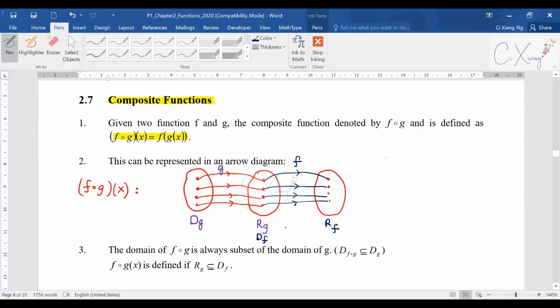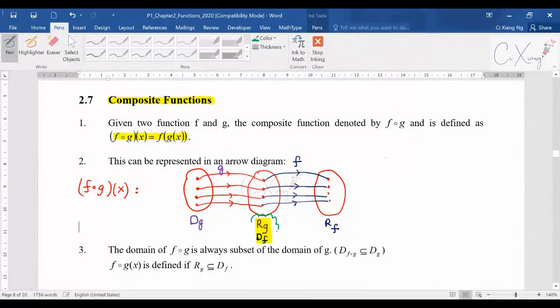Maybe you will think this is just a normal arrow diagram for composite function. But in this arrow diagram, there is a very important piece of information. You will see that the range of g and the domain of f are from the same set of values.